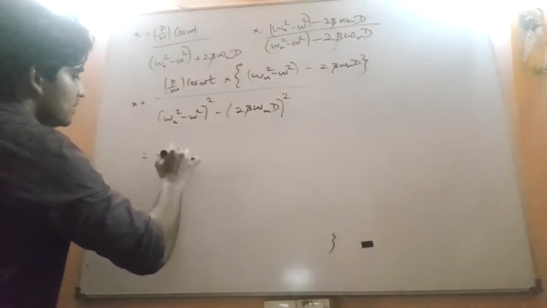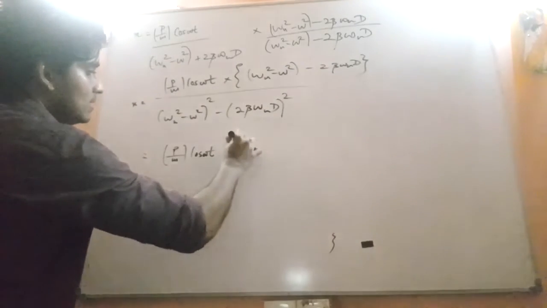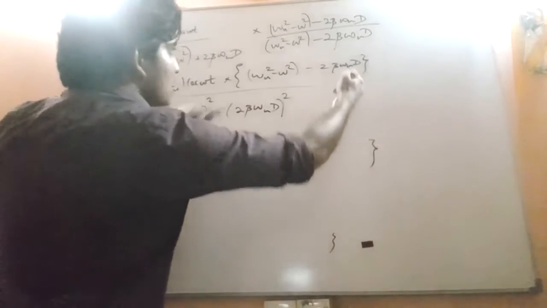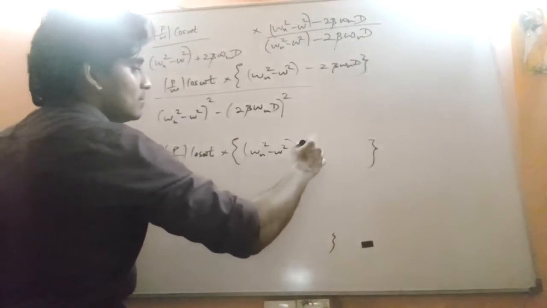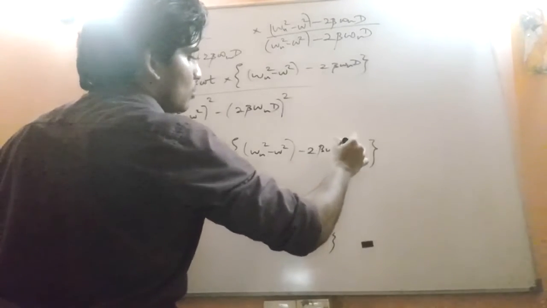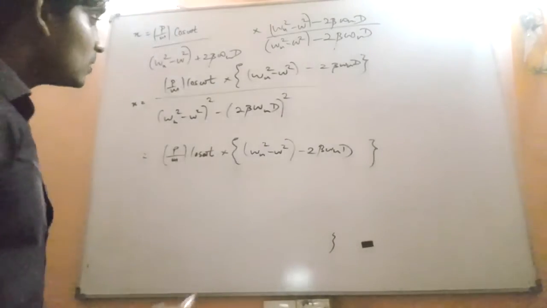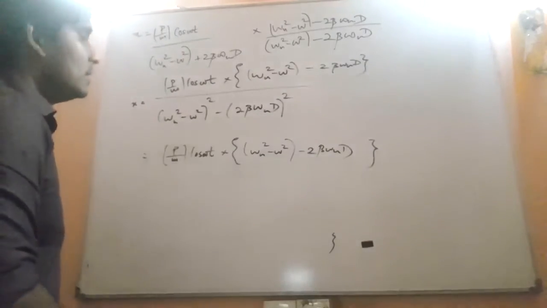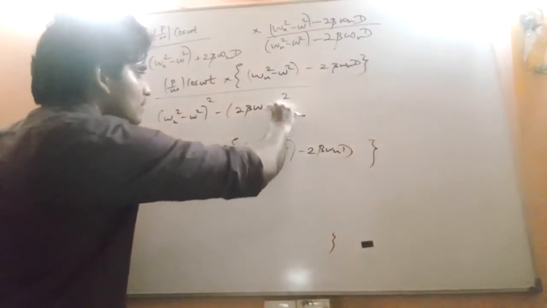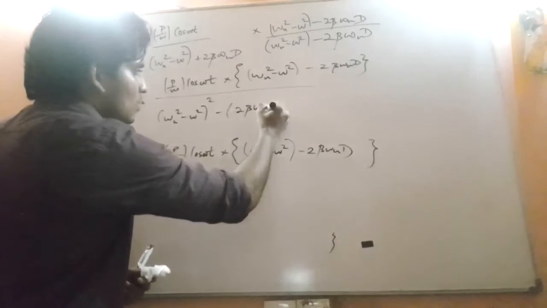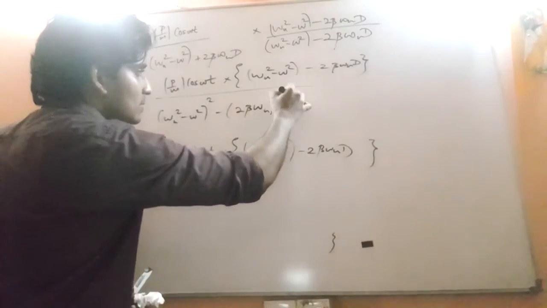If you use that technique, you can write P divided by M cos omega t as it is, and then this part also as it is, omega n squared minus omega squared minus 2 beta omega n D. Now in the denominator, you can notice that we have a D squared part. So this part you can again rewrite like 2 beta omega n whole thing squared times D squared, right?